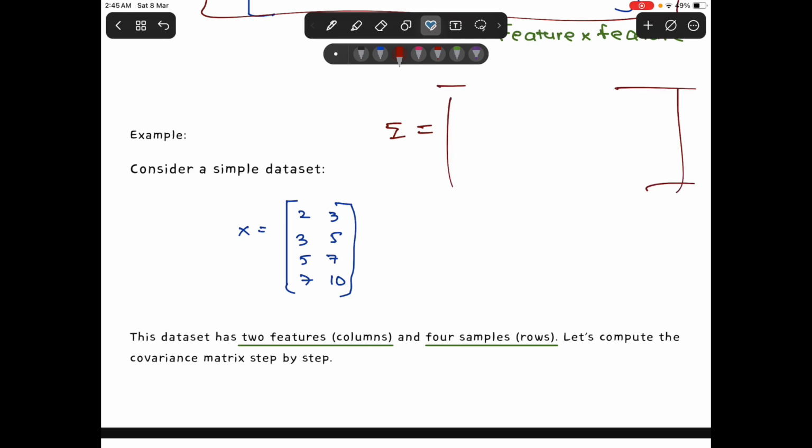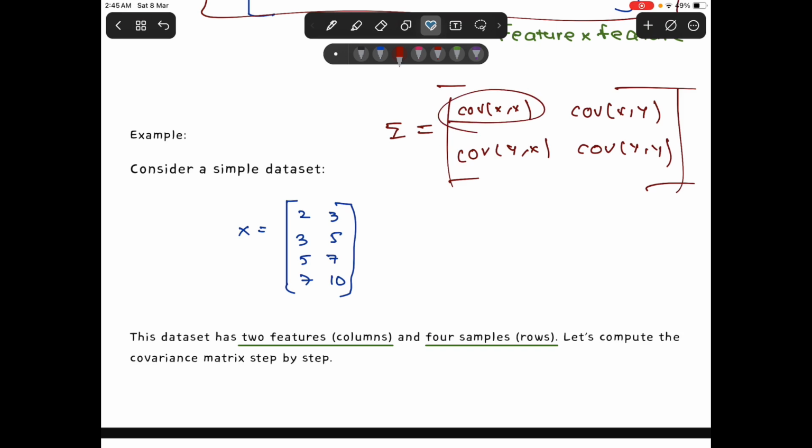First of all, we have covariance of xx, then covariance of xy, then covariance of yx, then covariance of yy. Actually, covariance of xx and covariance of yy can be written as, sorry, variance of x and variance of y.